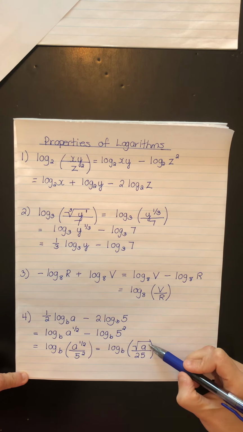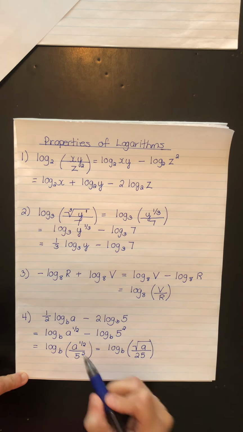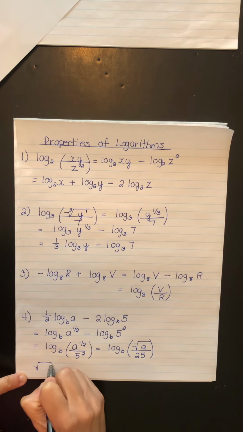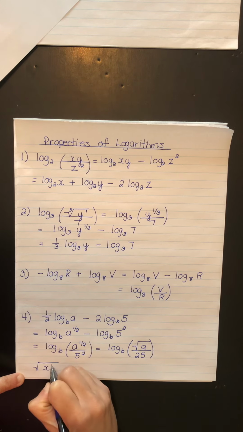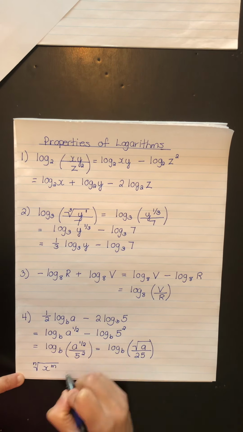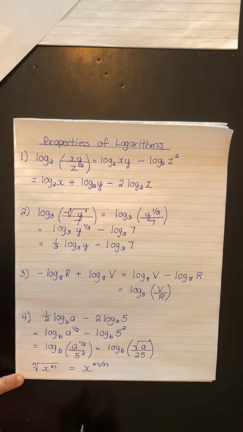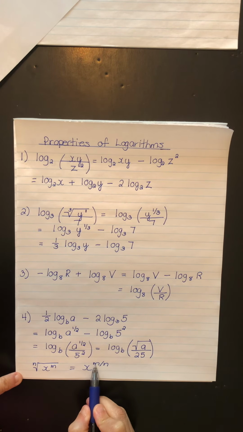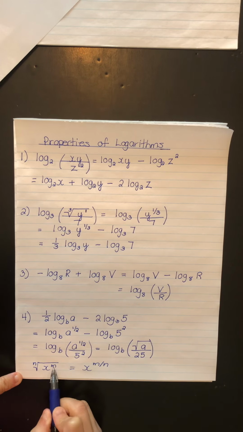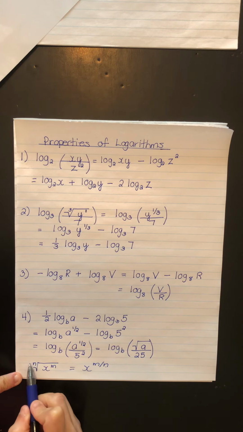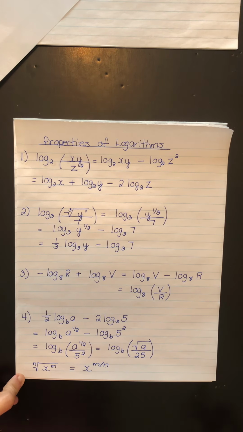And when there is no exponent written here, it is assumed to be a 1 as required. Okay? In general, the relationship is this. So the numerator of the fractional exponent goes here. The denominator of the fractional exponent is the index, like that.